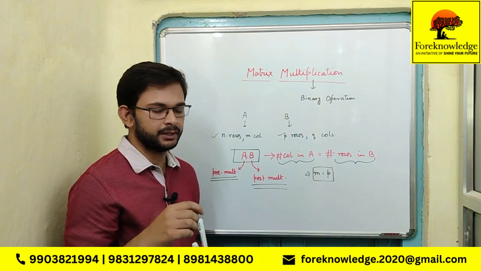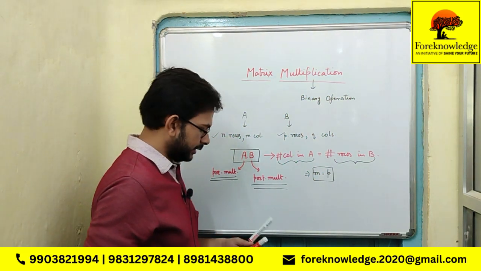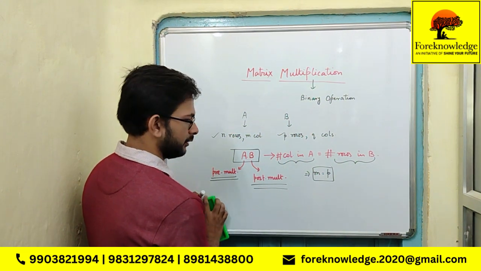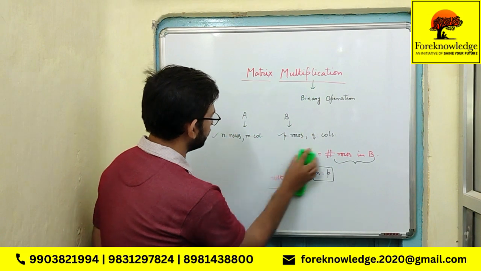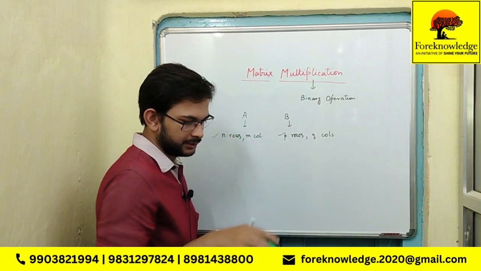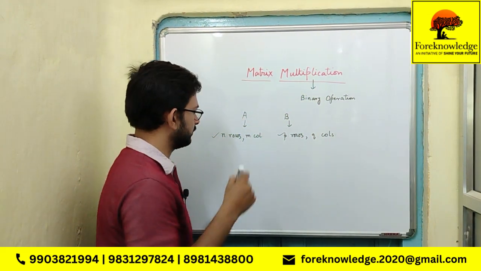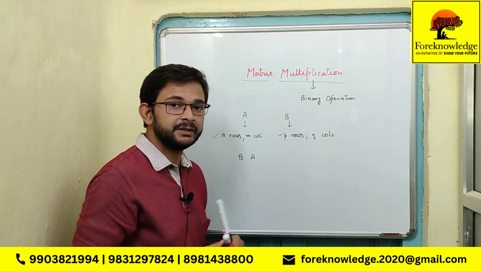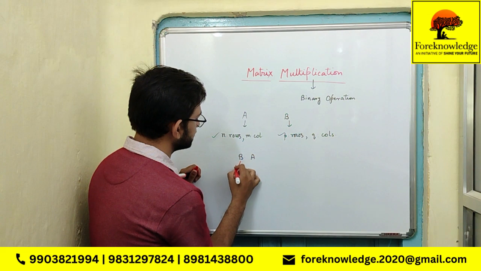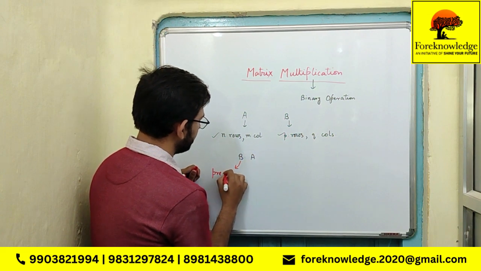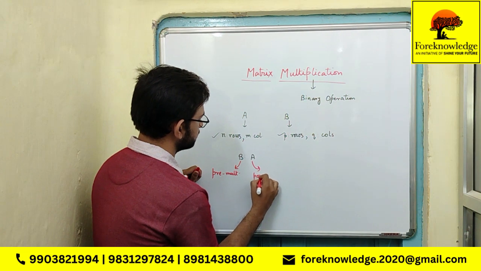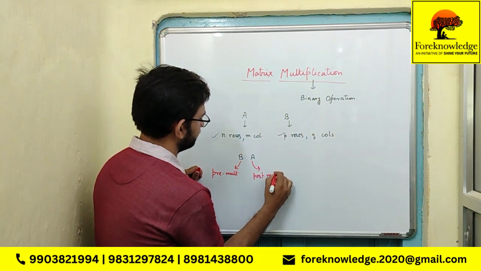Got it? Now, had it been the case like B into A, suppose we had to multiply B into A, then which one is the pre-multiplier? B becomes the pre-multiplier and A becomes the post-multiplier.